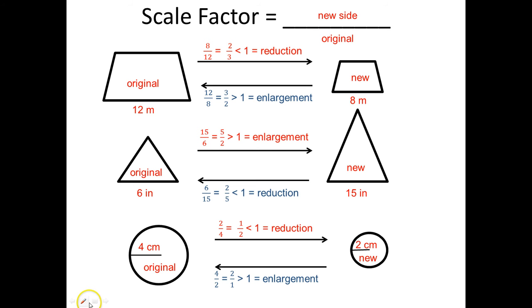So the thing I want to draw your attention to right now, because if you recognize this, it can be very helpful: 2 over 3, 3 over 2; 5 over 2, 2 over 5; and 1 over 2, and 2 over 1.